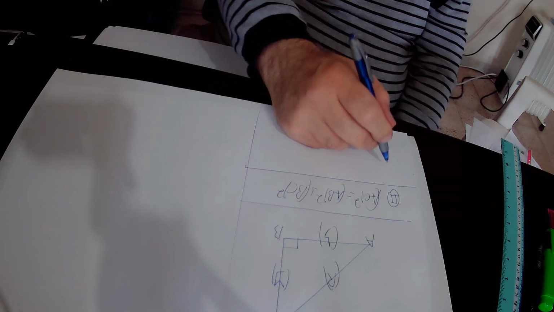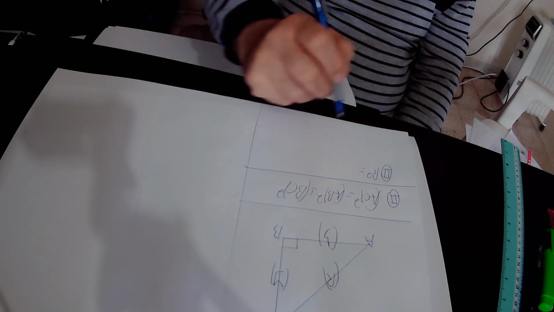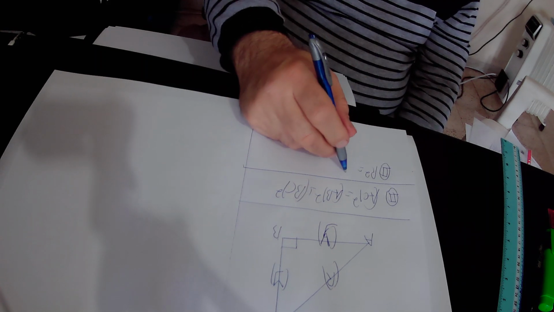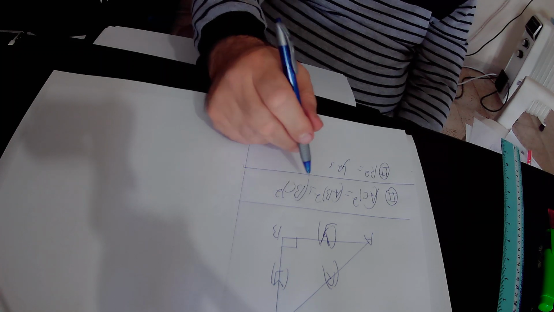AC is R, therefore AC squared is R squared, and it is equal to AB squared. AB is Y, therefore AB squared is Y squared, plus BC squared. BC is also Y, therefore BC squared is Y squared.